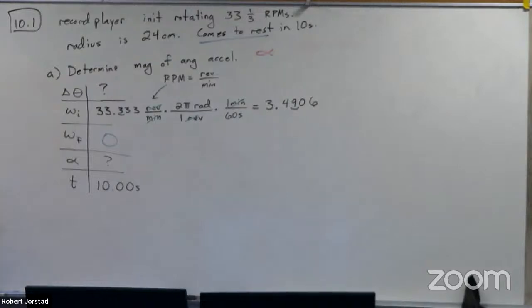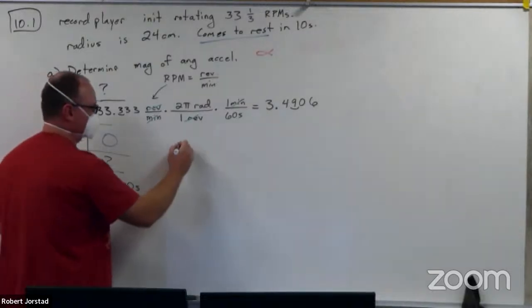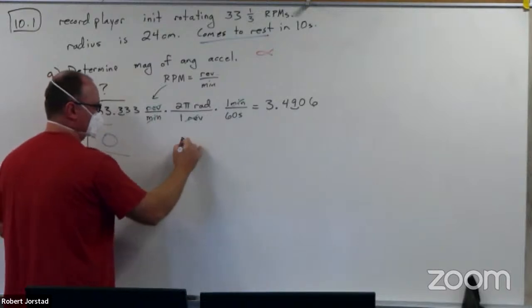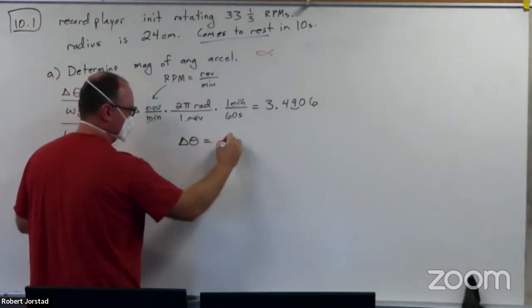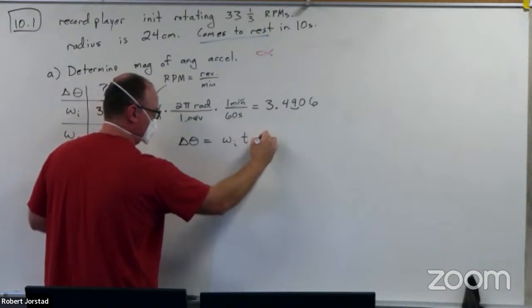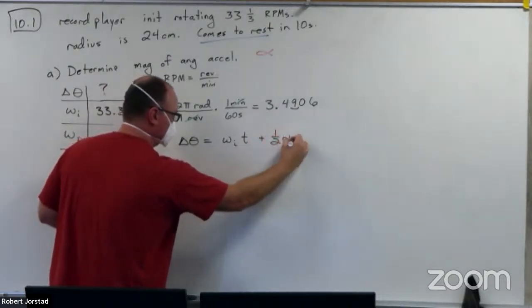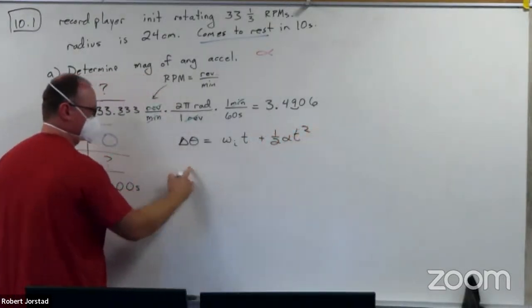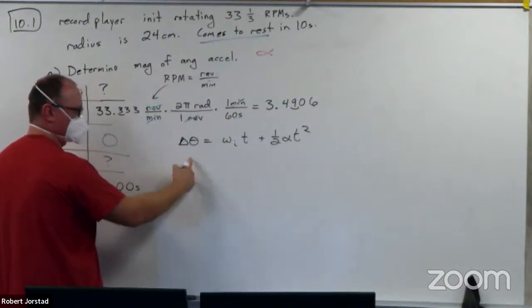All right. What was next when we did chapter 2? We listed our knowns. Then what? Equations. Okay. What would be another equation?